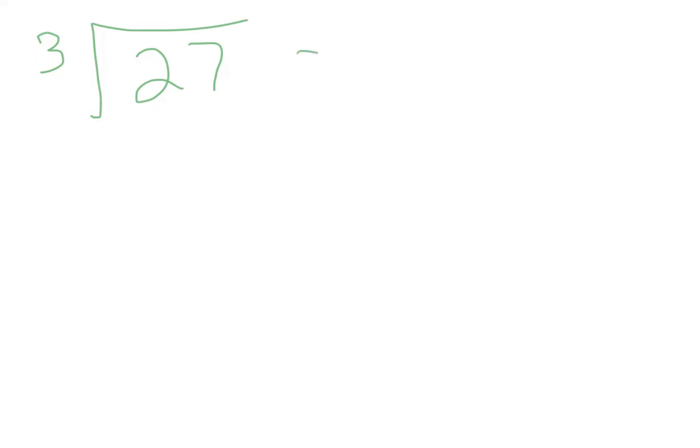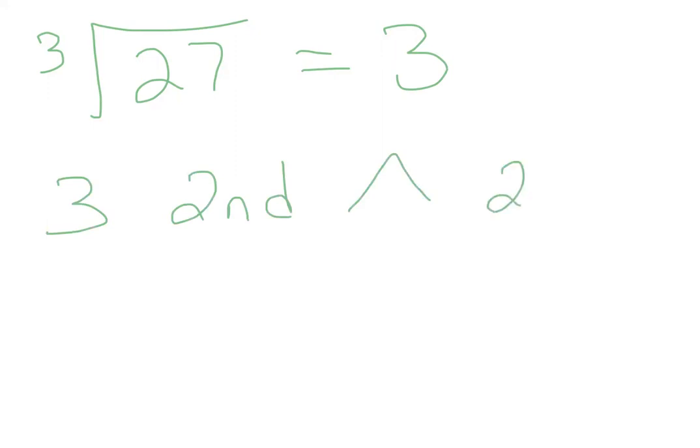Your calculator should be showing 3. Again, on the TI-30, you would hit 3, second, caret, 27. That's the green.